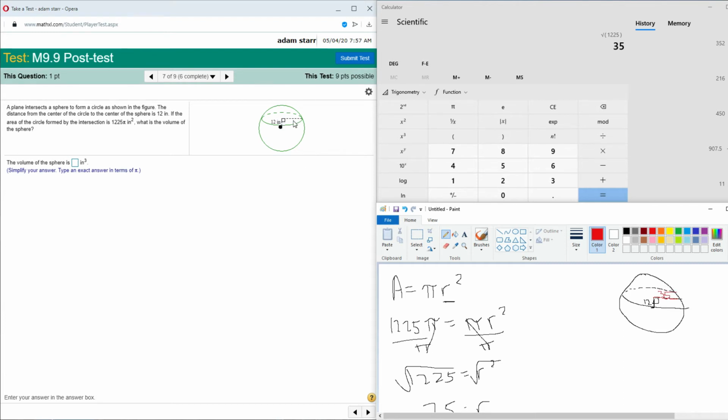But I need to find the radius of the sphere. What that distance really is, is this diagonal here. That is the radius of the sphere, from this distance to here.